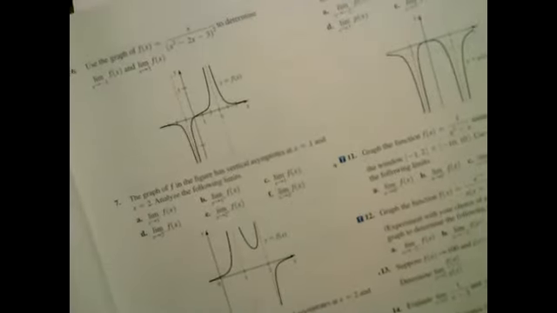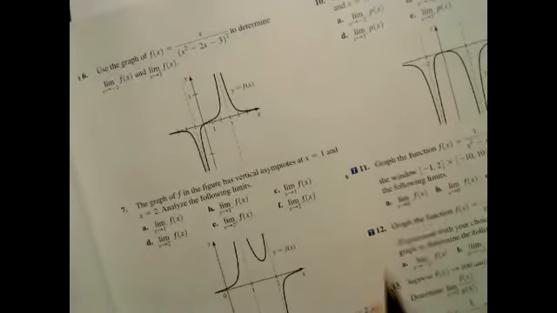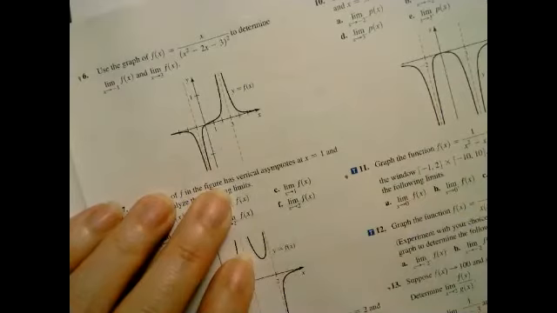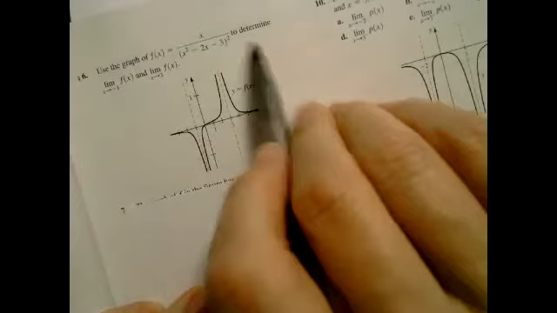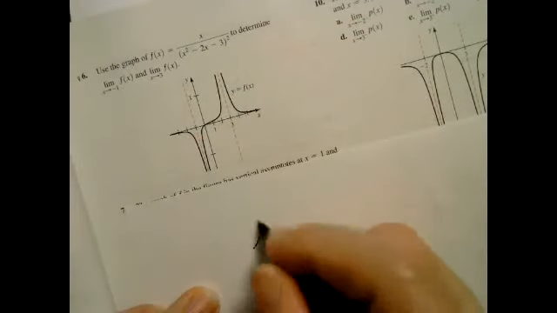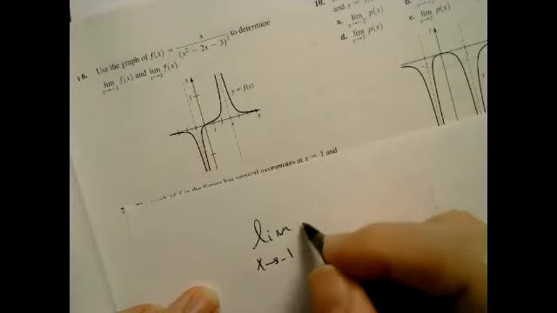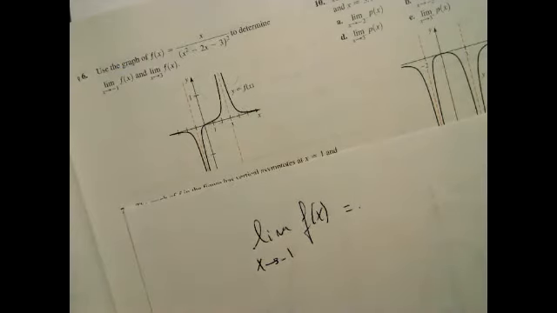I should have drawn the picture myself. All right. So number 16, it's just a graphical problem, just to make sure we can answer from the graph really correctly. Use the graph of this function to determine the limit as x becomes close to -1 of f of x. So as x becomes close to -1, we have to know what happens to f of x.